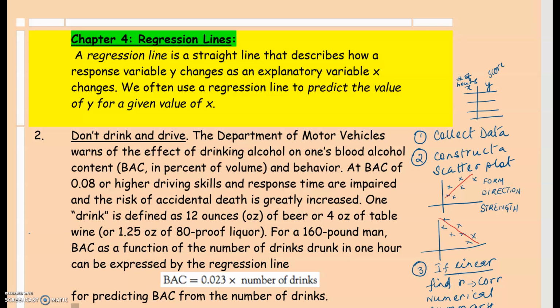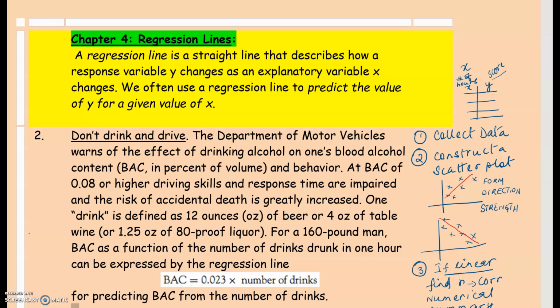So these are the two variables. Now, it's pretty clear that your score on your final exam depends on the number of hours you put into studying for the exam. Okay, so the number of hours of study is the explanatory variable.